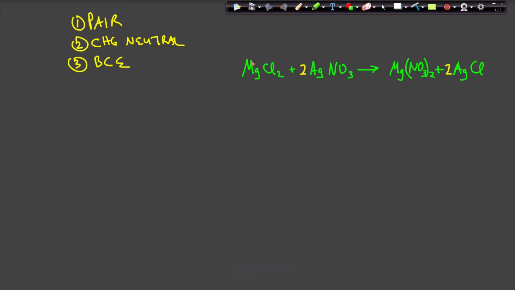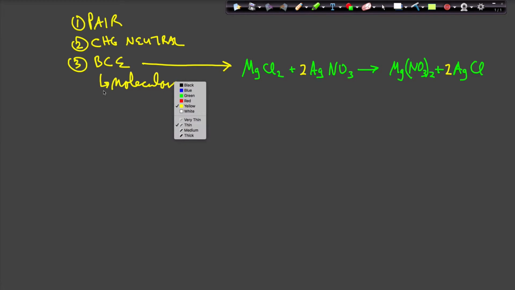I now have completed what is called the molecular equation. So when you balance a chemical equation like this, you necessarily get the molecular equation. Well, if you put these chemical species into water, you're going to find that some of these actually break apart into ions.